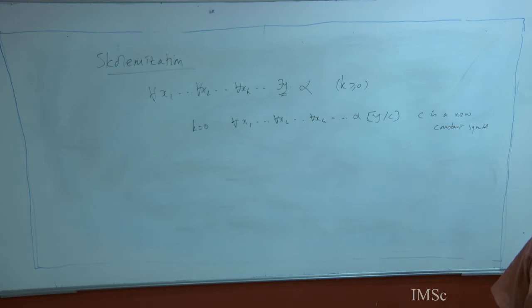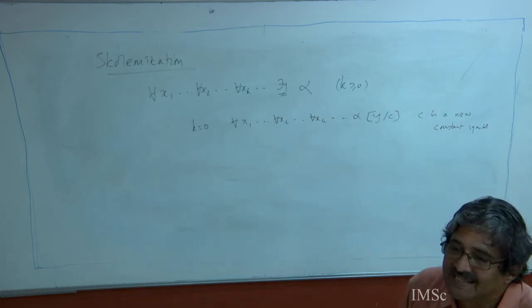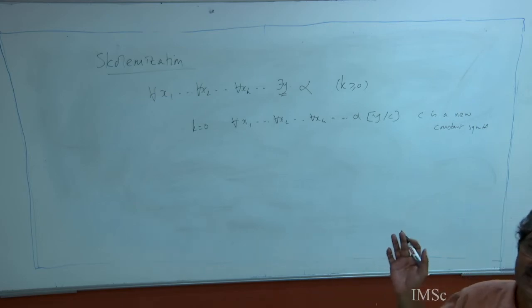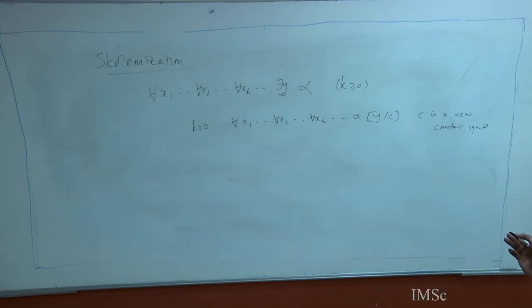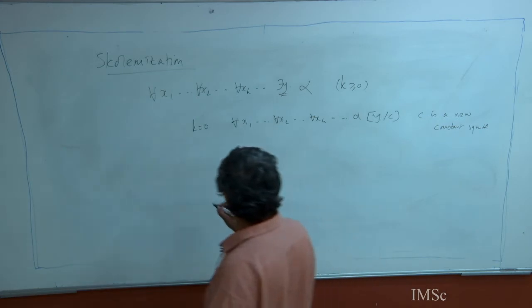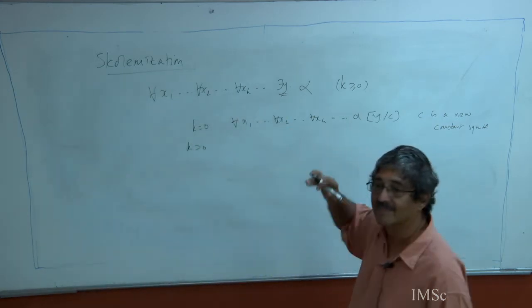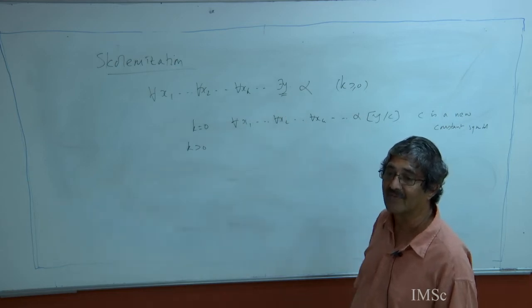This idea of building in witnesses: it says there exists y alpha, and for y, you substitute some new constant symbol. If k is greater than 0, that means there are some universal quantifiers sitting in front of you.